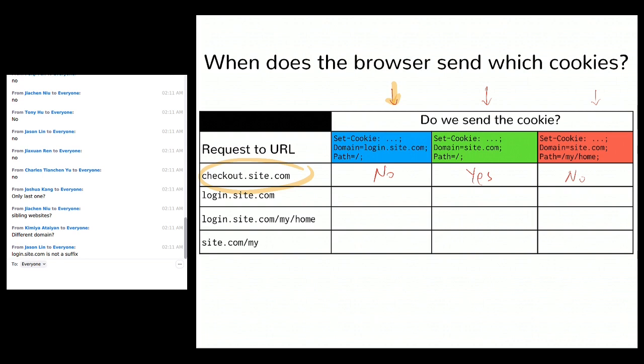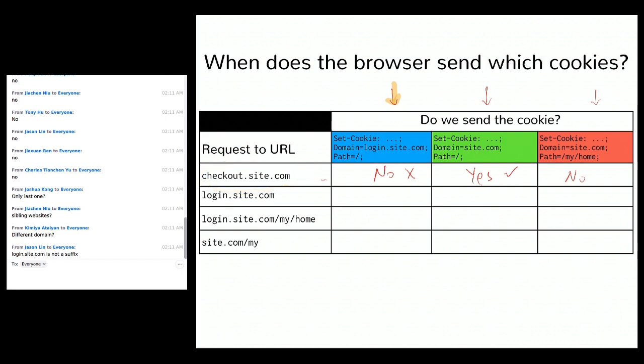The answer is yeah, right? So this is why we send this one. The reason we don't send this one, even though the domain is actually a suffix, is because the path is not a prefix of the URL path, right? If this was /my/home, then we would have sent it, but otherwise we don't.